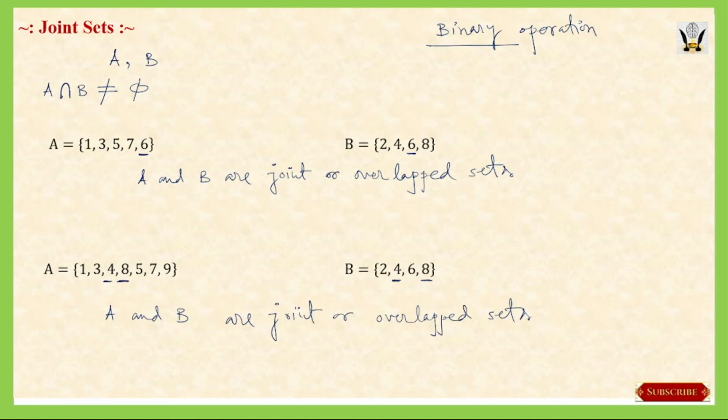Now the next operation that we will learn in today's class is disjoint sets, or non-overlapping sets. Previously, for joint sets, there was at least one common element.